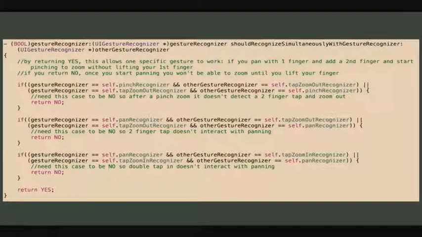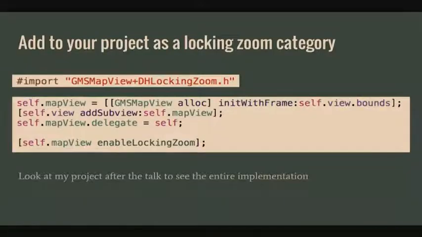There's the pinch to zoom and two finger tap, and since I added a pan recognizer, I didn't want the pan recognizer to get recognized when I was doing my double tap and two finger tap. Those are tongue twisters. And again, you can drop this into your Google Maps just with enable locking zoom. Pretty sweet.